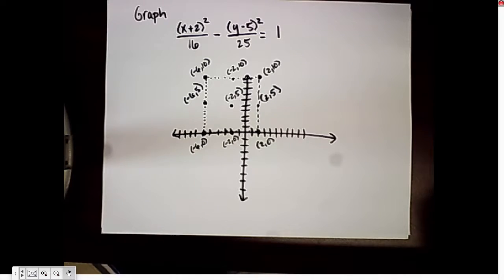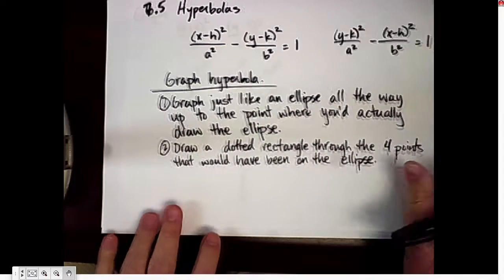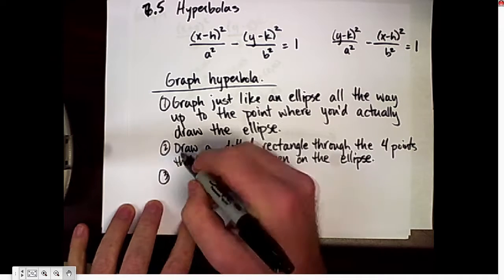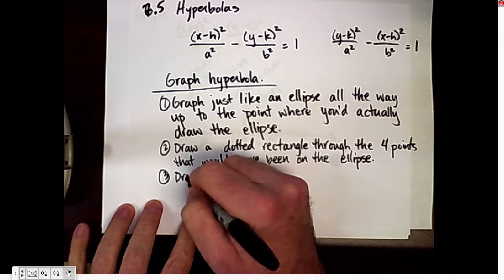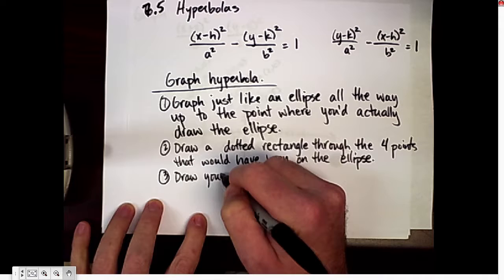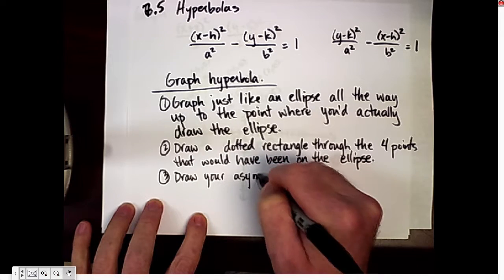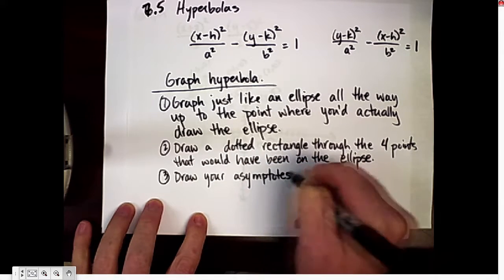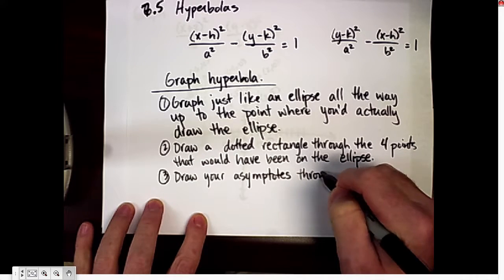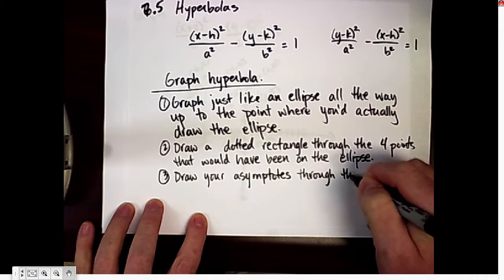Then draw your asymptotes through the corners.